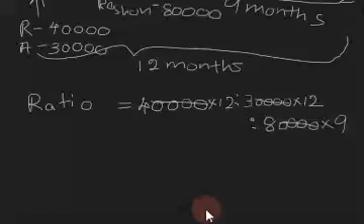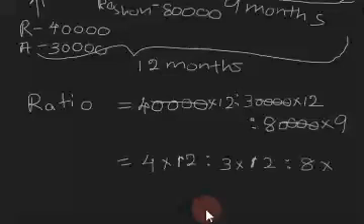Now 4 into 12 times 3 into 12 times 8 into 9. Now I can divide each and every term by 4. Here 4 divided by 4, 1. 12 divided by 4, 3. 8 divided by 4, 2.